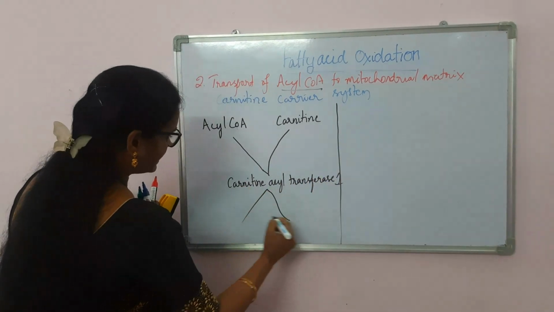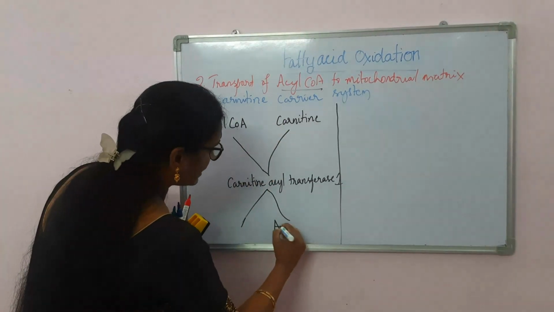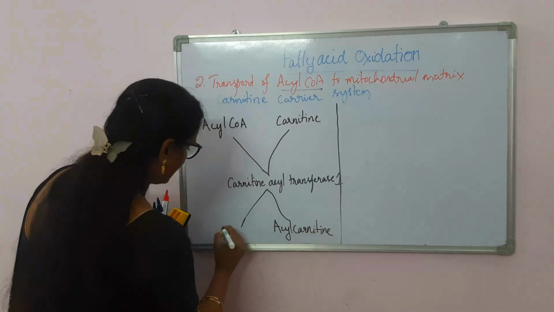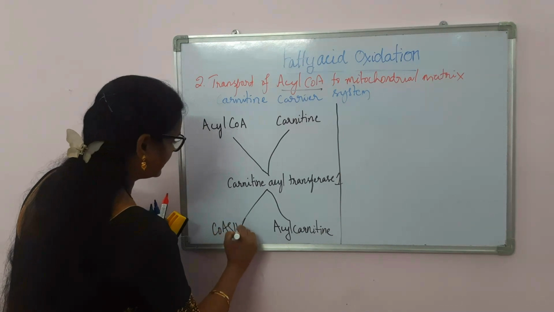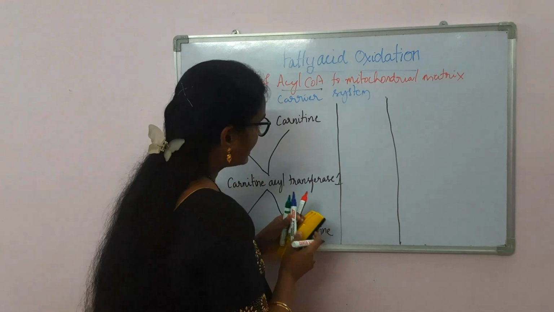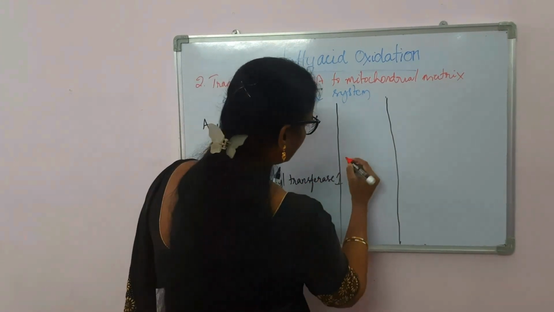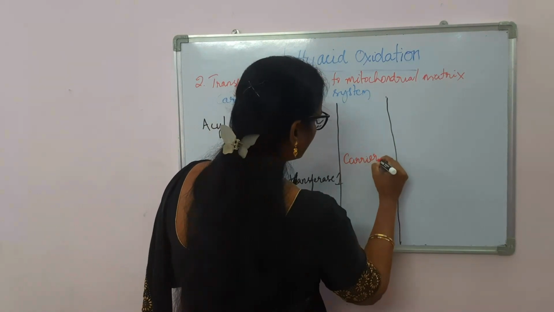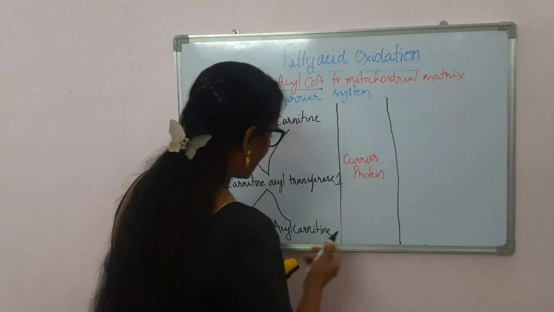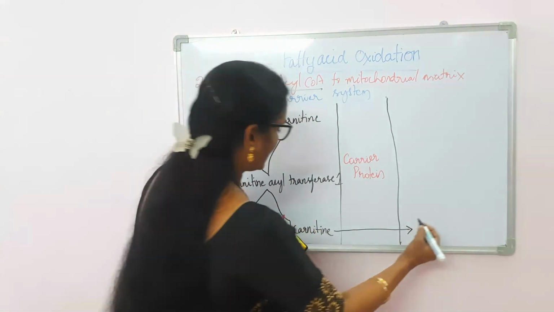With the help of this, the acyl group of acyl CoA is transferred to carnitine with the formation of acyl carnitine. So this is the intermembrane space, and here with the help of a carrier protein, this acyl carnitine is transferred or moved to the mitochondrial matrix.